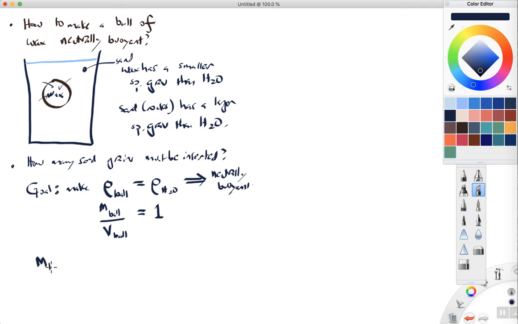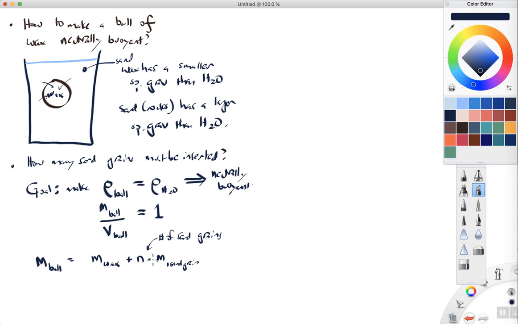The mass of the ball is going to be equal to the mass of whatever wax we have there plus n times the mass of one sand grain, where n is the number of sand grains.